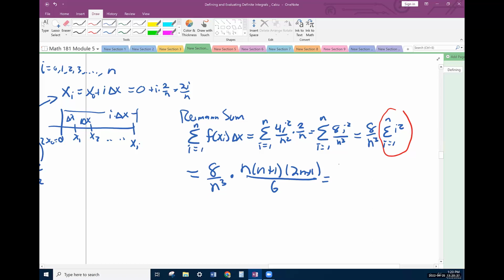We have 8 over n cubed times, and if I multiply this numerator out, I'm going to have a 2n cubed plus 3n squared plus n all over 6. Yes, no? Yes.